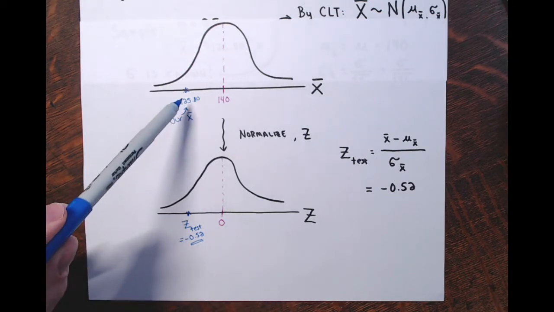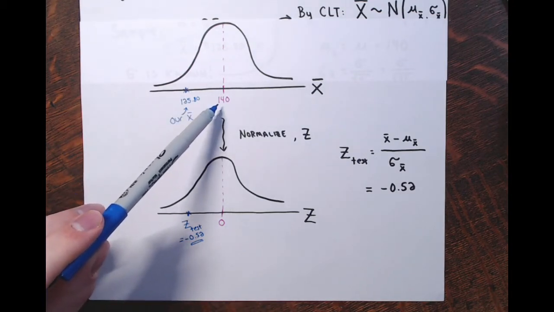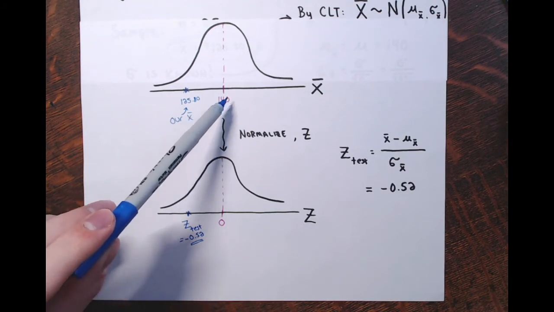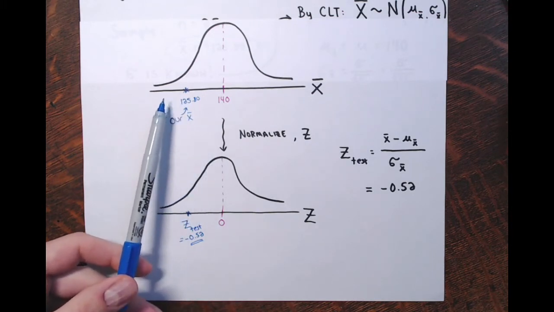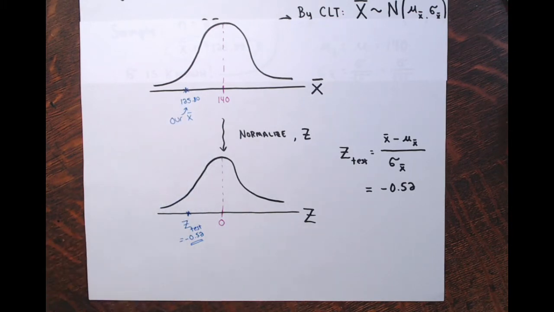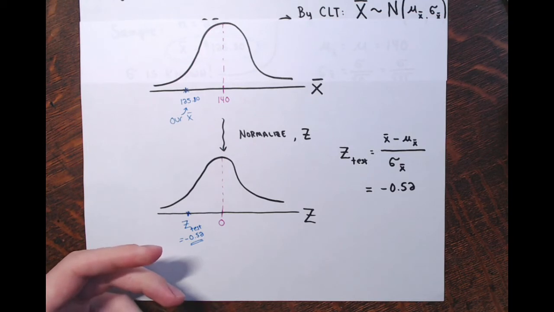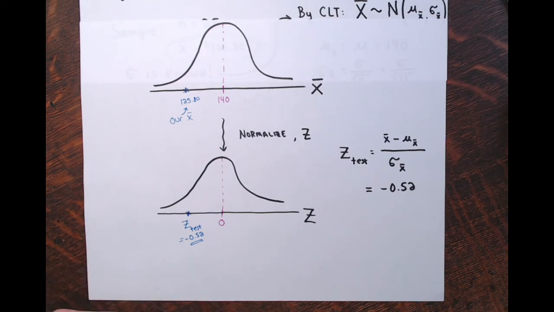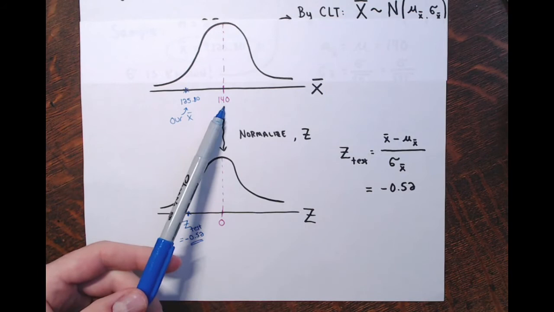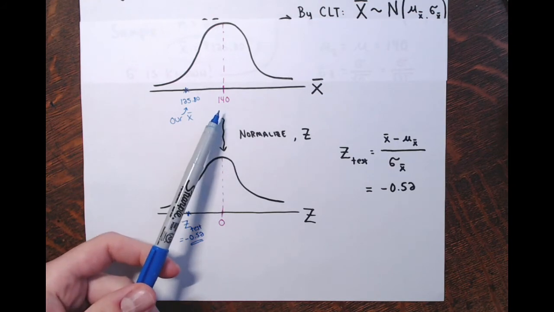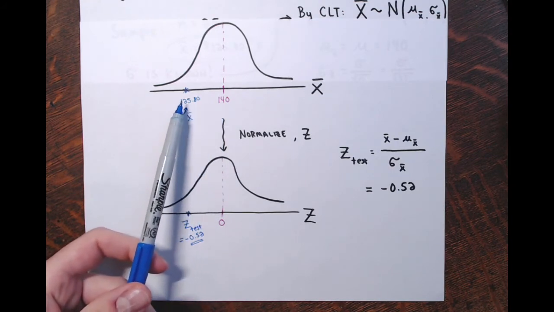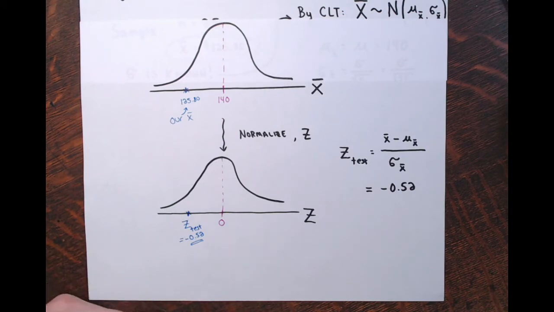Because this is pretty close to the mean, I would say that assuming the mean is 140 isn't a bad assumption. If this was really far away from 140, like maybe more than 2 or 3 standard deviations away, then I would say assuming that the mean is 140 is probably a bad assumption. Because if you assume the mean was 140 for the population, you would think our samples would be closer, if that truly were the mean.